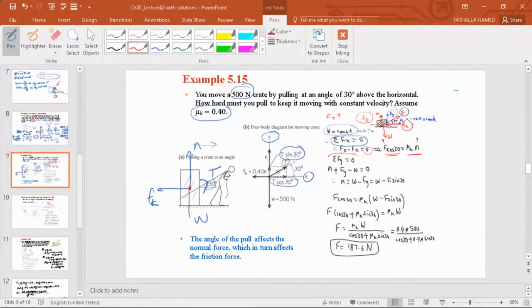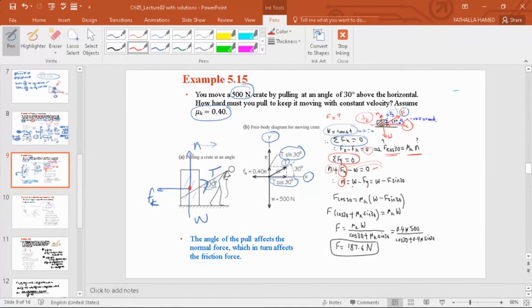From the y, the Fy is equal to 0. Now, when you go to the y, you have the normal force acting up, and this force will have a y component, which is also acting up, minus the weight equals 0. So if I want to get the normal force, I will take the Fy and the W to the other side.